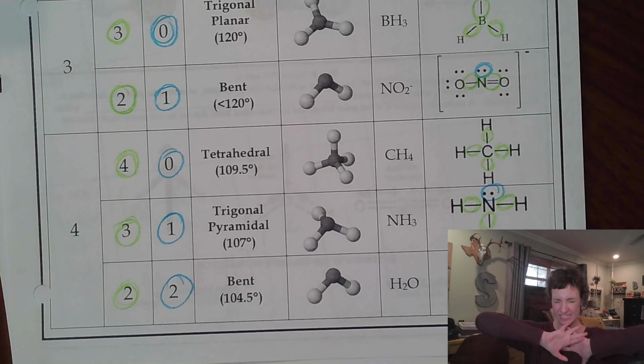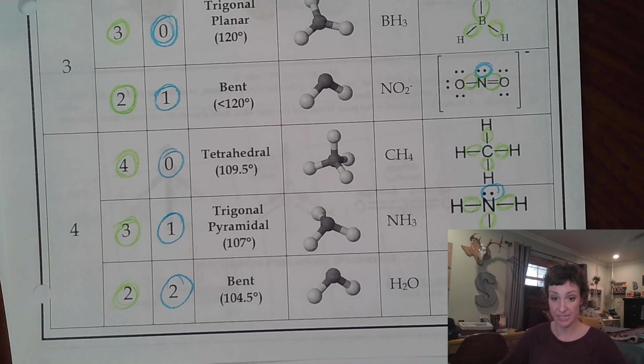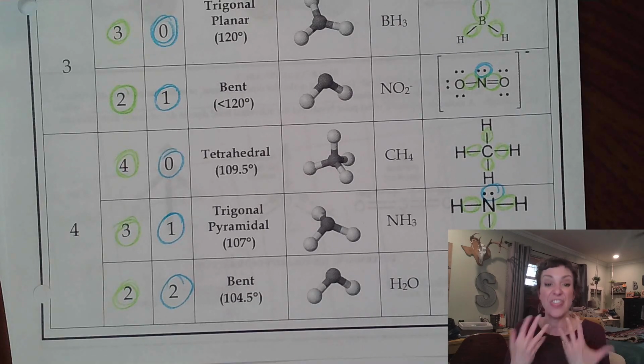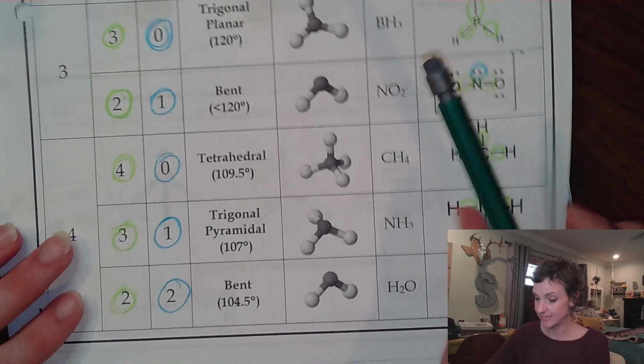So I physically think about me putting my 2 hands as far apart as possible. And if there are no lone pairs in the center of my body, my bond angles will not squeeze together. But if there are lone pairs on my central atom, they will bend down in some way. So that's how I think about my molecules who have 2 outer atoms. It's all about the lone pairs. If you have lone pairs, you will become bent.